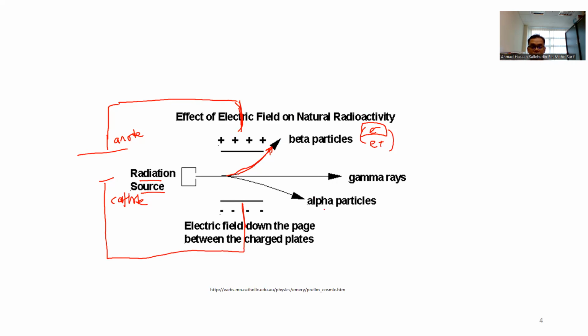Alpha particles are helium with 2+ charge, so they will be deflected towards the cathode. And gamma rays are electromagnetic radiation, so obviously they will not be influenced by the electric field.